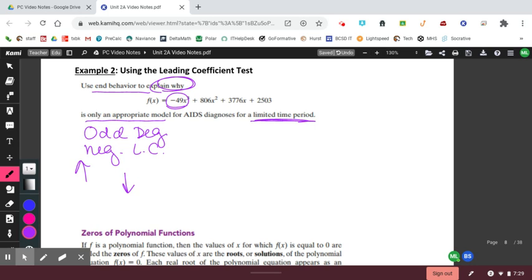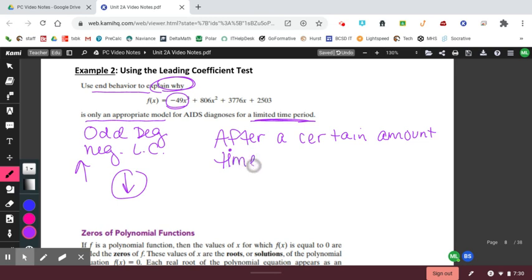Well, it says, why is it only appropriate for a limited time period? Well, because after a certain amount of time, if you threw this on a graph, this is going to decrease forever and ever and ever. So after a certain amount of time, and we're not looking at specifics here, this function would actually say that basically the AIDS diagnosis would go negative, right? Negative 1 million, negative 100 million.